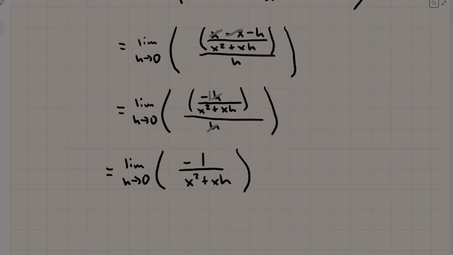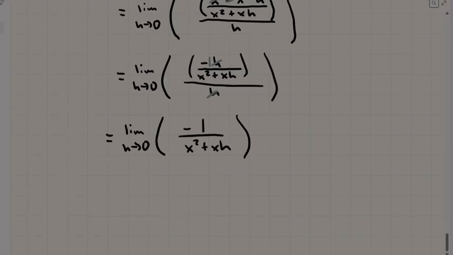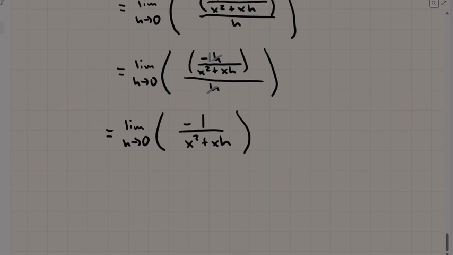All right. Now we got rid of that h in the denominator, and so we can evaluate this limit. So what happens when h equals 0? This term will just go away because of the h. So then that's just going to be negative 1 over x squared.